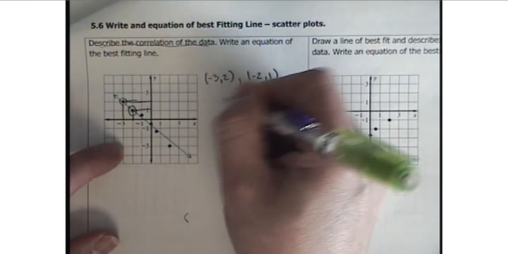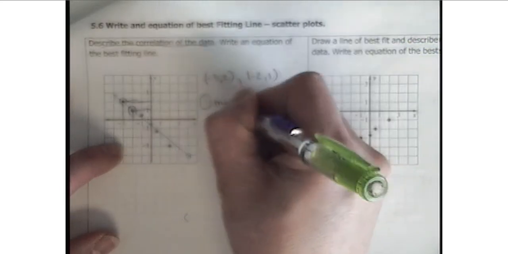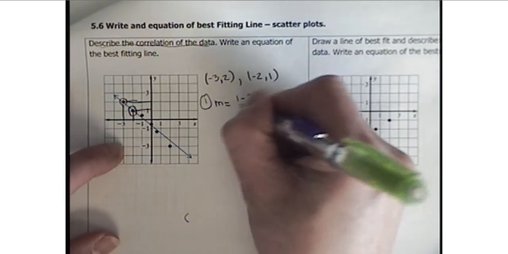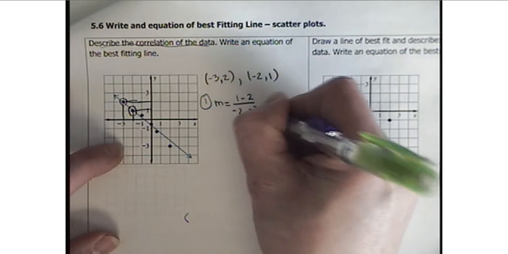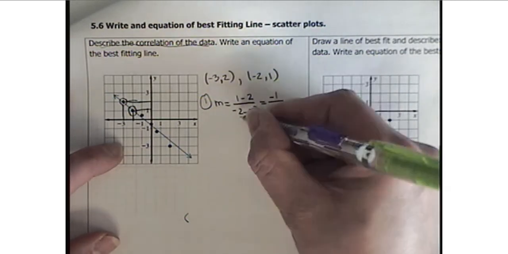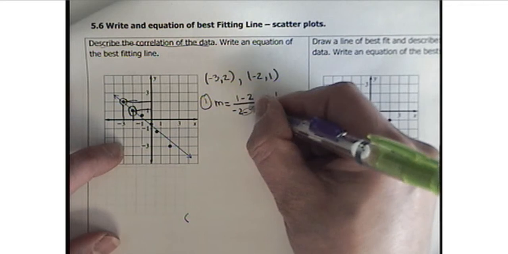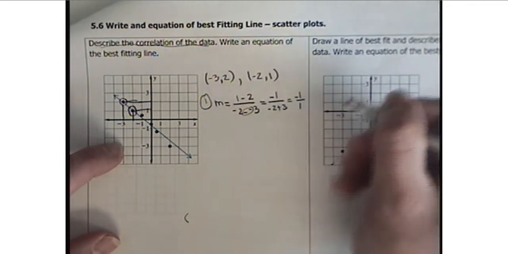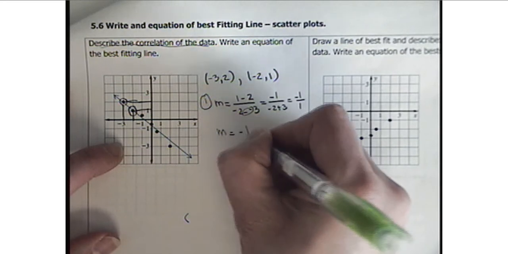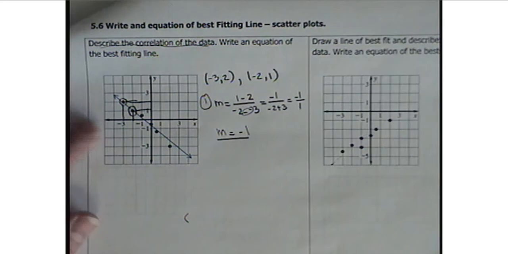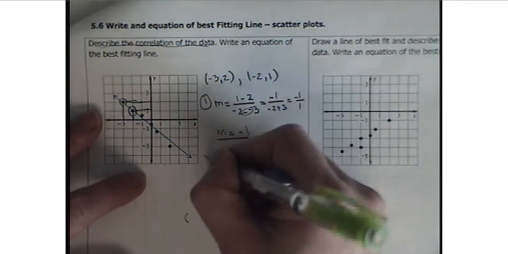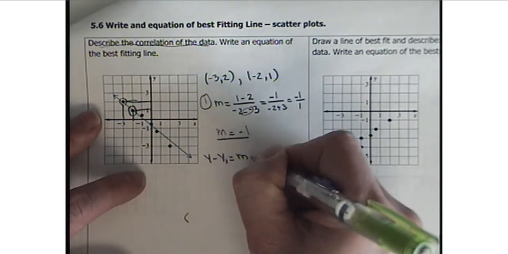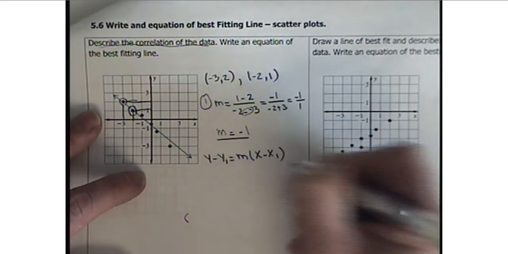Once we have 2 points, step 1, calculate the slope. 1 minus 2 over -2 minus -3. 1 minus 2 is -1. -2 plus 3 here will give us -1 over 1. So m is just -1. Second thing, to use the y minus y1 equals m times x minus x1 form, we need 1 point.